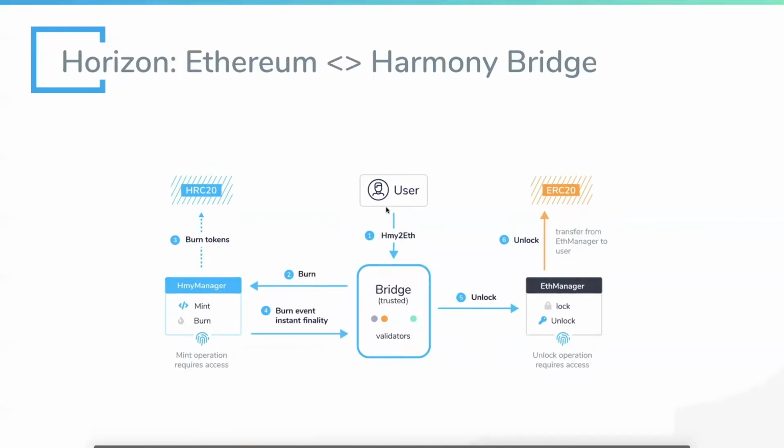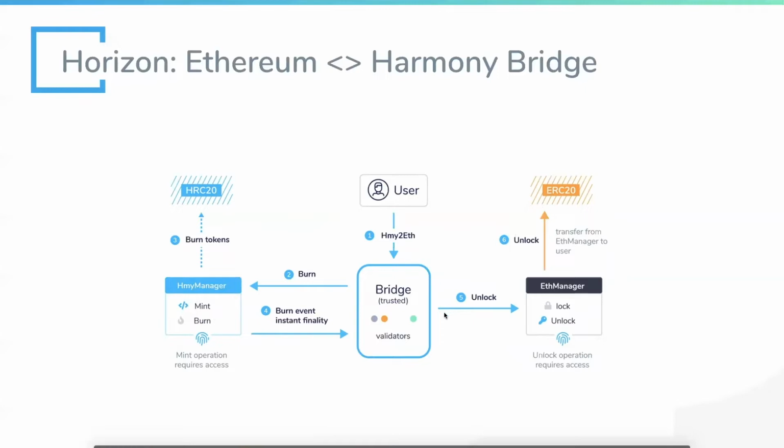So in the other flow, where the user wants to burn their tokens on Harmony and unlock the tokens that were locked on the Ethereum side, they're going to again submit the request to the bridge by signing two transactions, approve and burn. And the bridge again has a set of validators that are going to listen to the burn event that was performed by the Harmony manager.